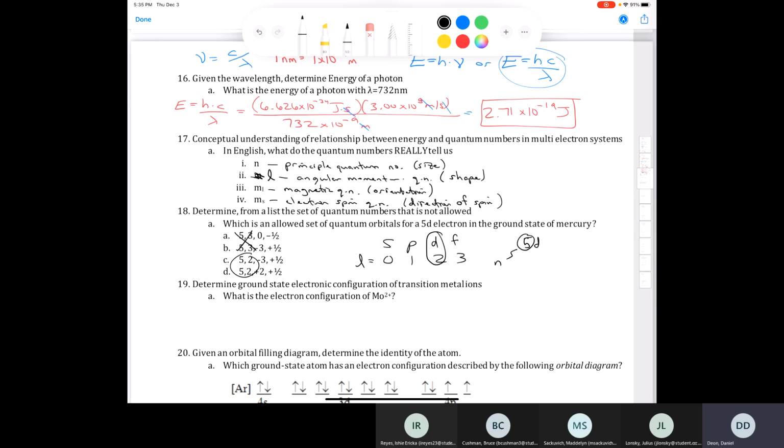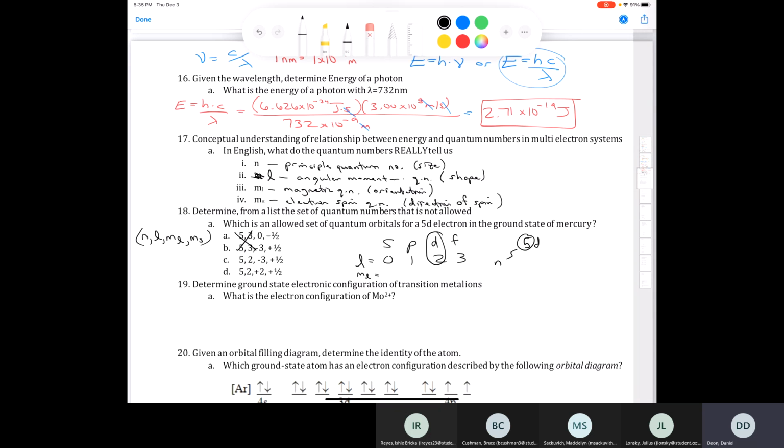Here we have a 5 and a 2 and a 5 and a 2. But there's a major problem with C, isn't there? Because if l is equal to 2, ml cannot be equal to negative 3. That's impossible, and remember that they go in the order of n, l, ml, and ms, like that, okay?